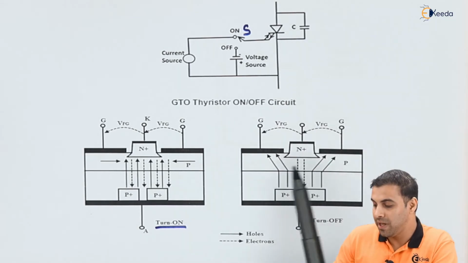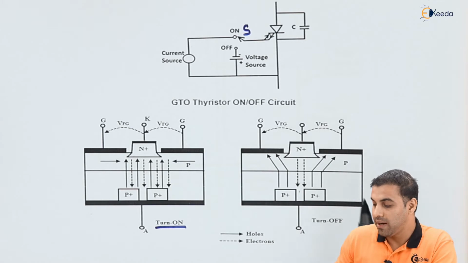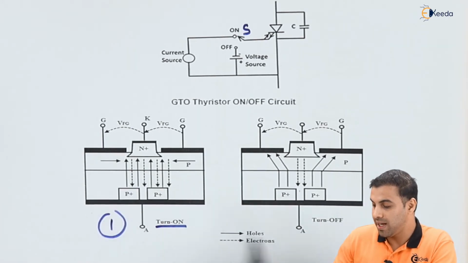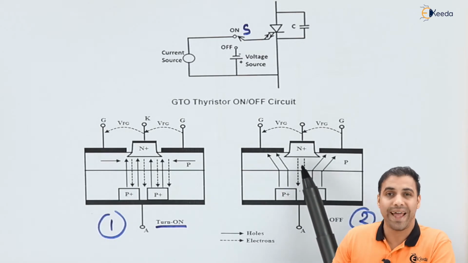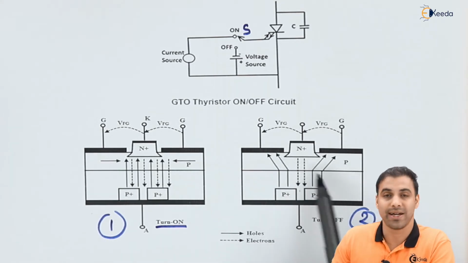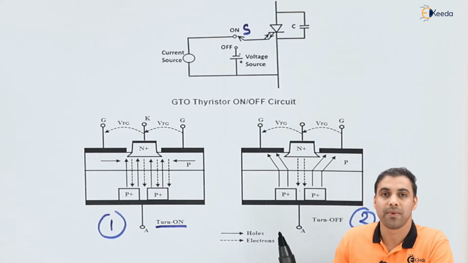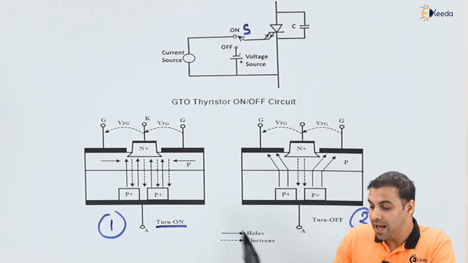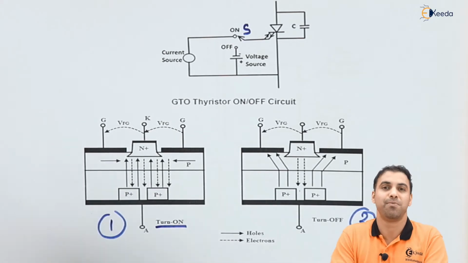So the reason is simply mentioned here, where VFG is the forward gate voltage. Let's say this is the first scenario and this is the second scenario. In the second scenario, the overdoping of the N channel shrinks the conduction band, because of that reason the entire flow of electric current stops. That means the GTO does not allow the flow of electric current through it. This is as simple as that.